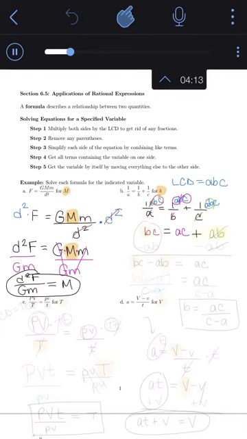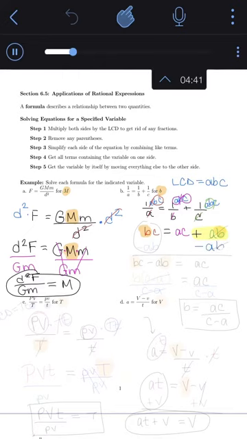Now, let's remind ourselves, what was the goal? The goal was to solve for B. Well, I've got two of them, and they're on different sides of the equation. So let's at least get them on the same side. Now, notice the B term on the right-hand side, I want to get it to the other side, is a plus AB. So I'm going to move it to the other side by doing a minus AB.